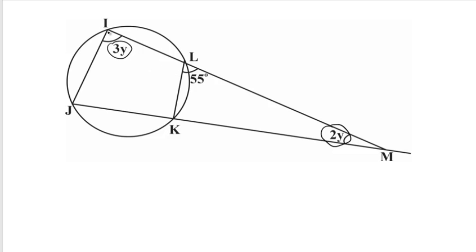Let's consider line ILM, the line from L up to M. If we look at this line, realize that it's a straight line. Therefore, angles at a point on a straight line sum up to 180 degrees.